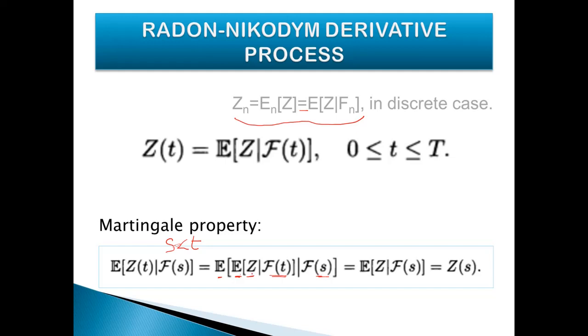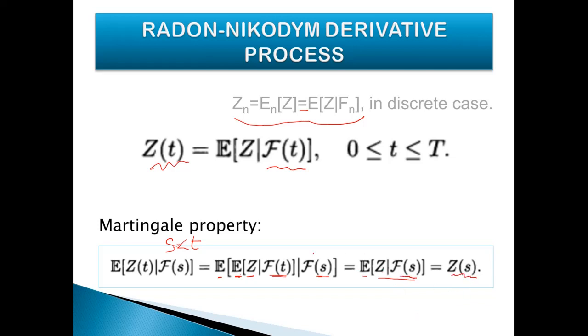Using the iterated expectation, this equals the expectation of Z given Fs, which is actually the same as Zs. If you follow the definition, Zt is E of Z given Ft, so same thing here, Zs is the expectation of Z given Fs.